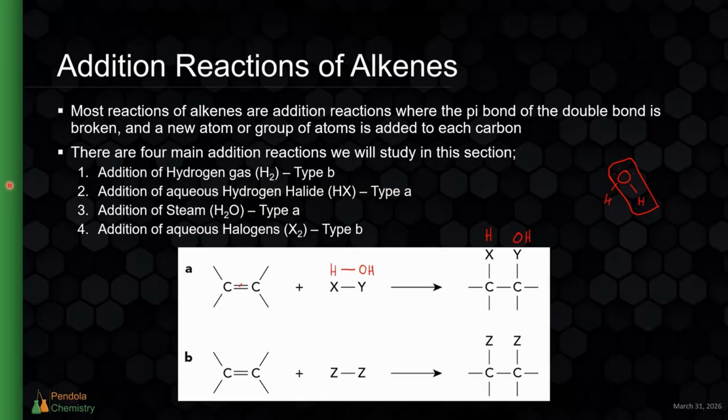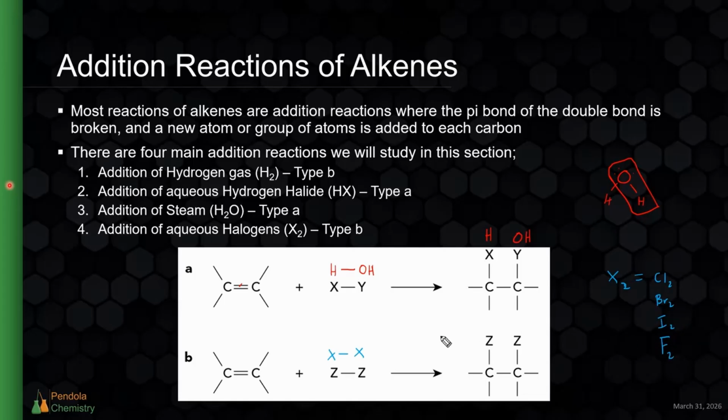And then finally, the 4th type of reaction is when we add aqueous halogens. Halogens being the X2 molecule, because the halogens are all diatomic. So X2 could be Cl2, it could be Br2, I2, or F2.